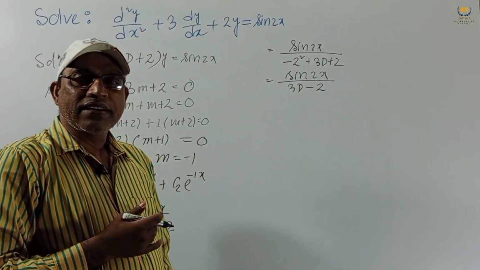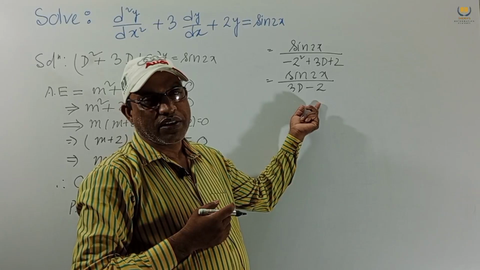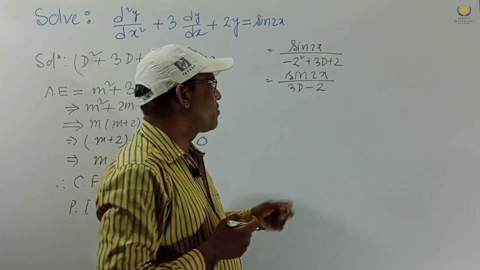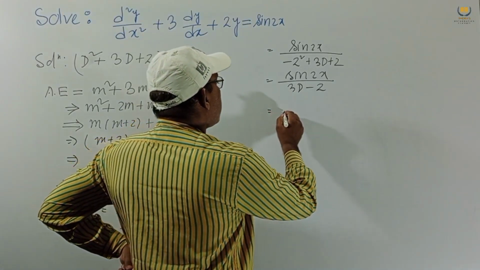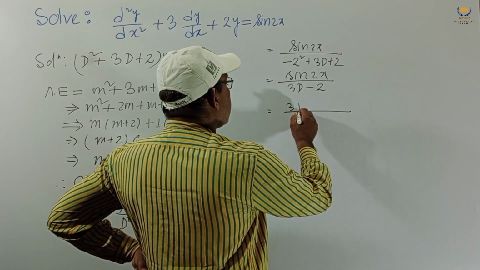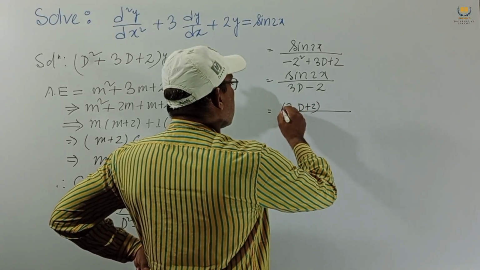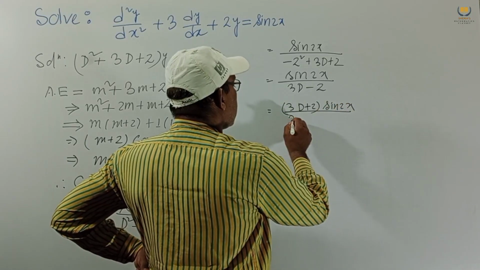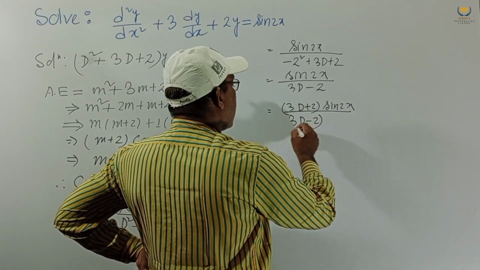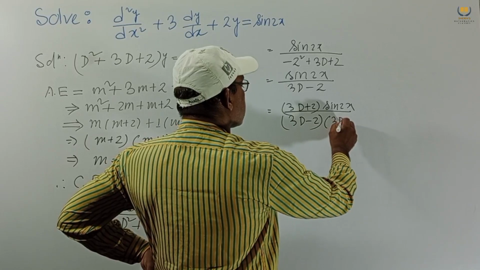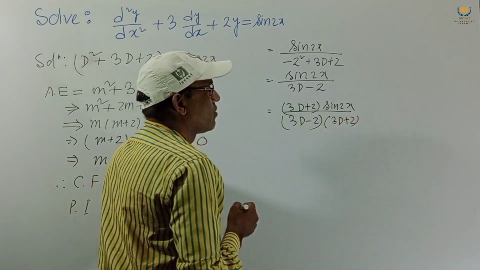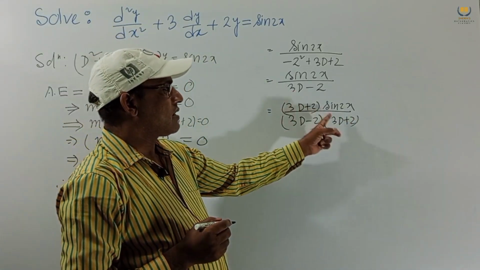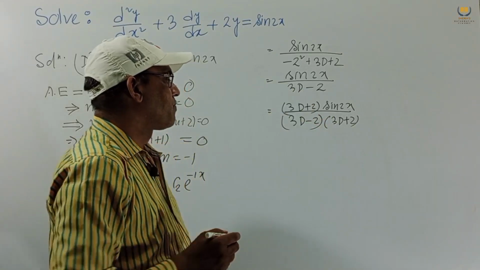But when we have sine or cos, we must have D square in the denominator. So we multiply numerator and denominator by 3D plus 2. Then this cancels, and ultimately we get the previous term.